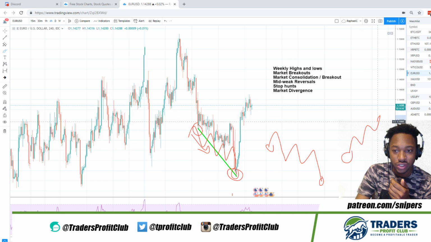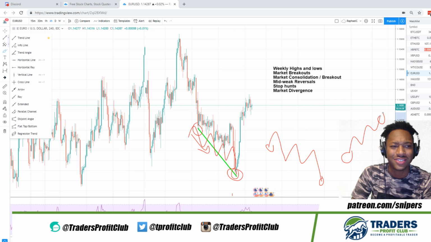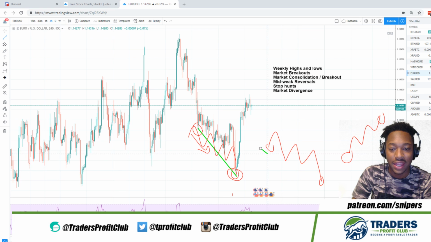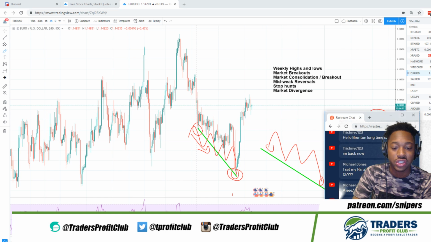Once you see price making a lower low, and stochastics or RSI, or whatever indicator you use, MACD, making a higher high, which is over here, then you know price is probably going to go the opposite direction of where it was, right? So that's what a divergence usually makes.